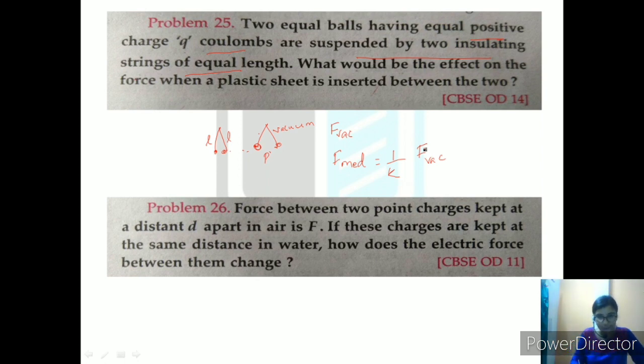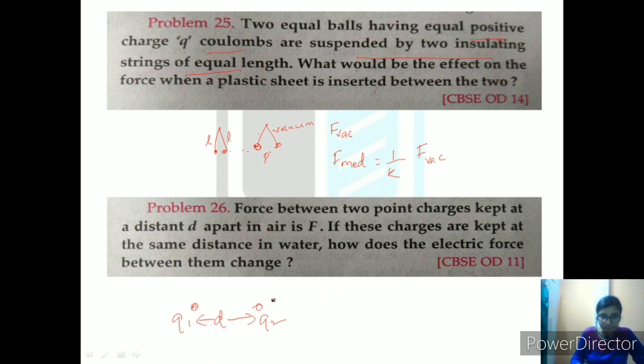And the last question of our day: the force between two point charges kept at a distance d apart in air is F. Two point charges are q1, q2, separated by distance d.